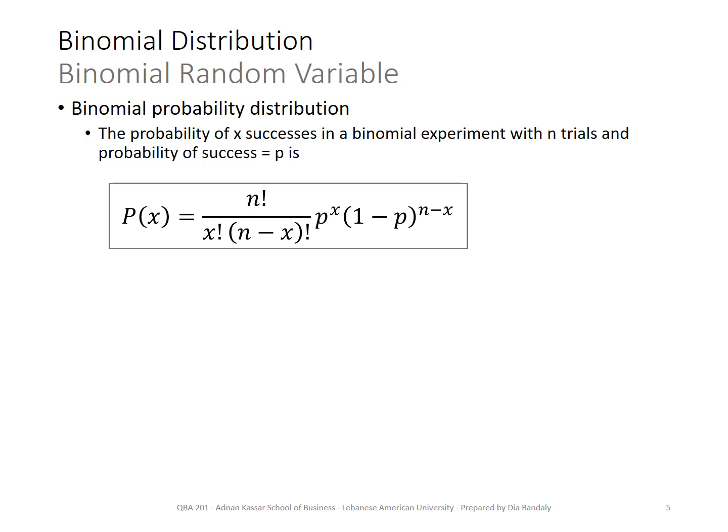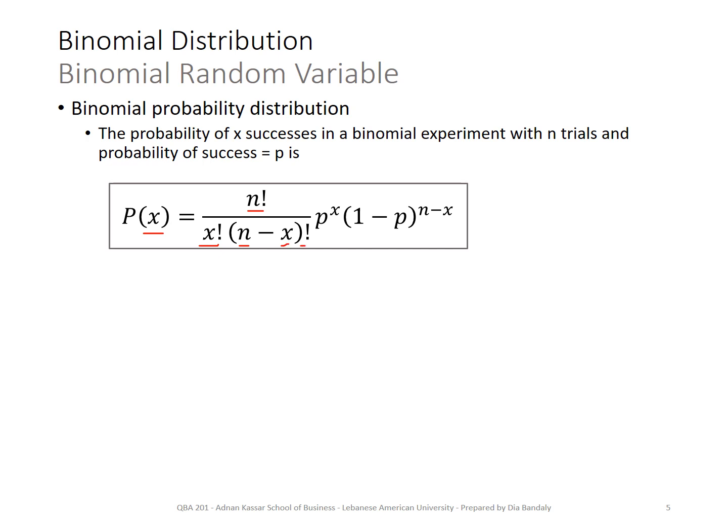The probability that X has the value x, small x, which can be 0, 1, 2, 3, depending on the number of trials, is equal to n factorial, where n is the number of trials, over x factorial, x again being the number of successes, times n minus x, also factorial.